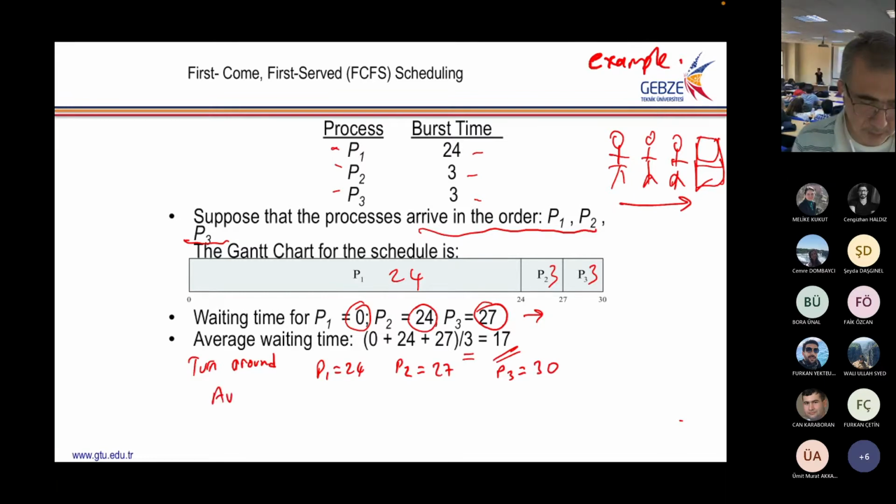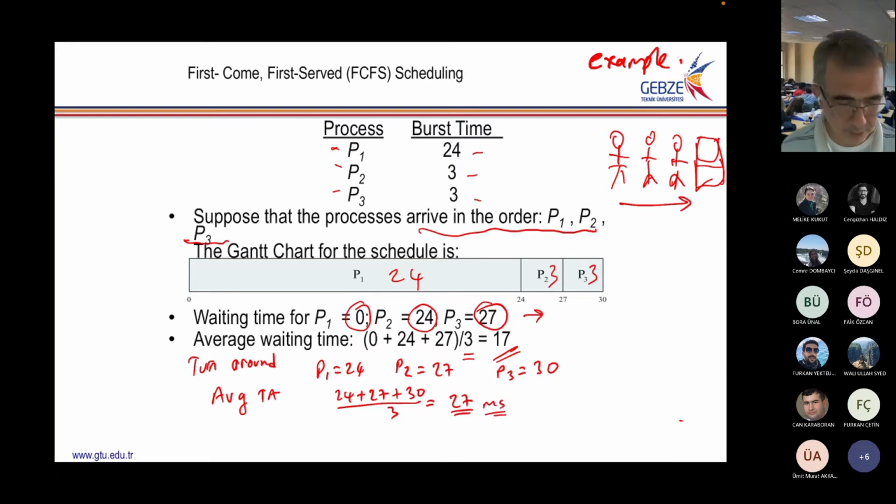So average turnaround time is 27 milliseconds. So although you have short tasks, with this scheduling criteria, average turnaround time is increased. So customer satisfaction is highly reduced.